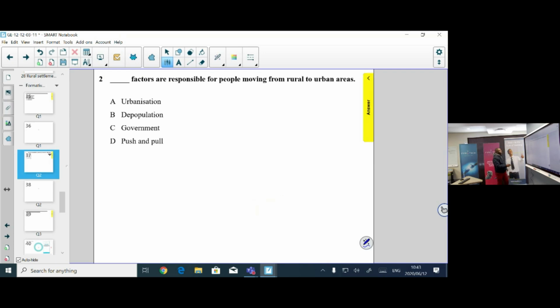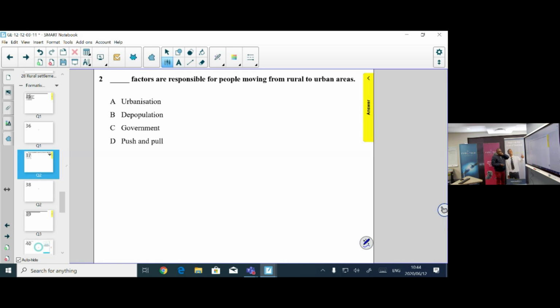First: dash factors are responsible for people moving from rural to urban areas. What are those factors? The options written here are urbanization, depopulation, government, push and pull. Can you try those and scribble on a piece of paper, and then you will compare with the answer that we're going to show.